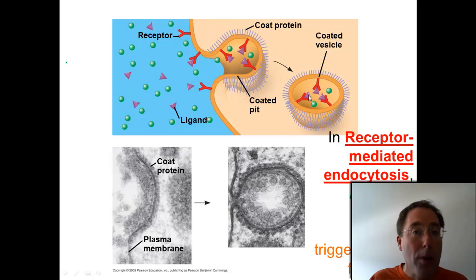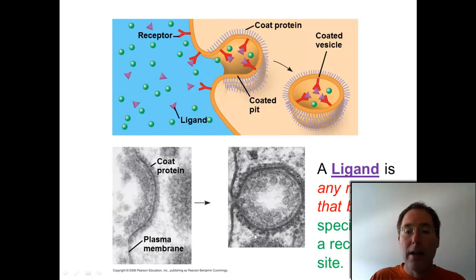And it's these purple guys, these ligands, which will then stimulate that deepening of the pit in order for the pinching off of the phospholipid bilayer. You can see it happening here on the left. The pit is deepening and then eventually it will pinch off. A ligand is any molecule that specifically binds to a receptor and causes something to happen.